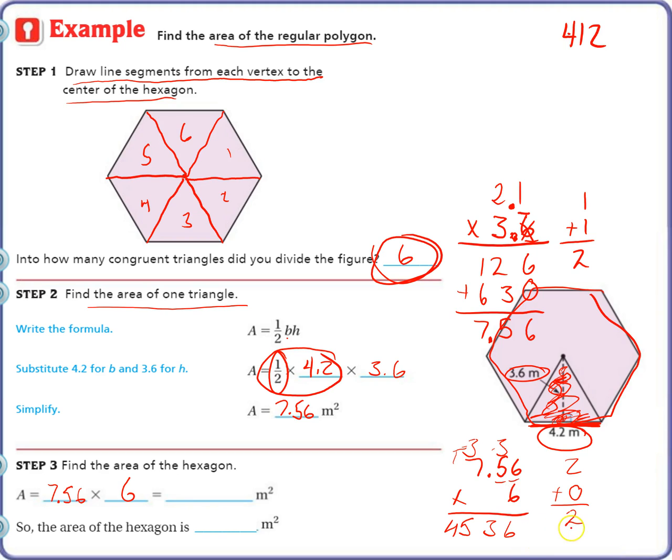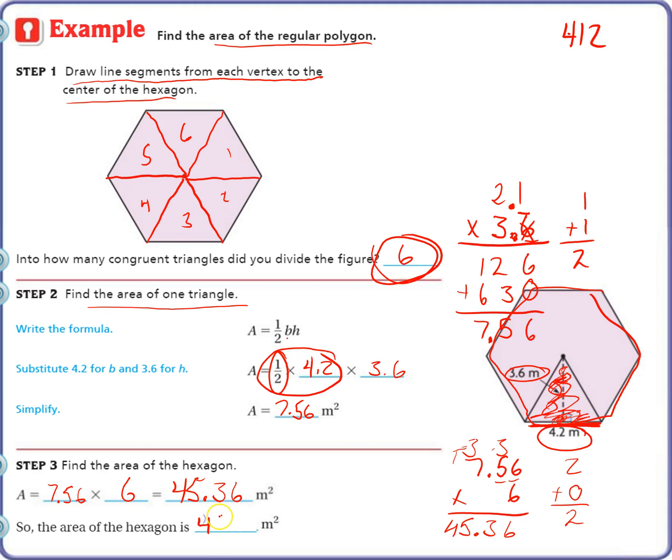Okay, move my decimal over twice, and look, my answer is between 42 and 48, so it looks like I've probably done everything correctly. Again, that's just a way to kind of check yourself. It doesn't guarantee you have the right answer, but it's a way to make sure you have your decimal in the right spot and it's a way to make sure your math is at least on the right track.